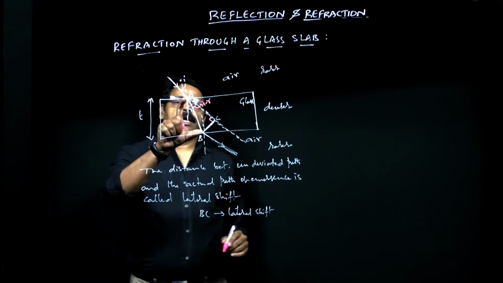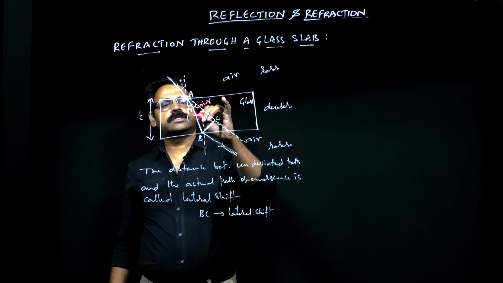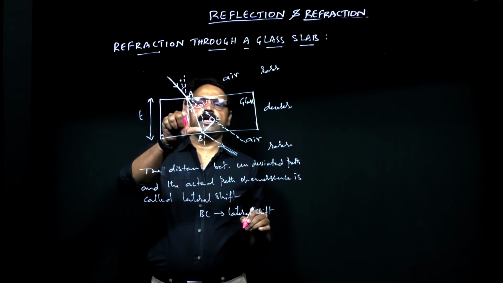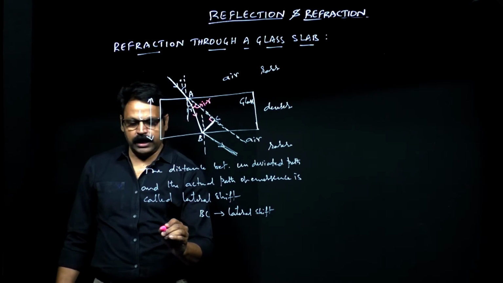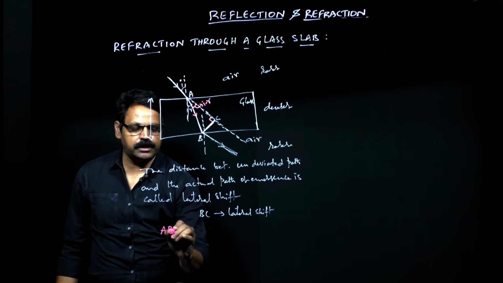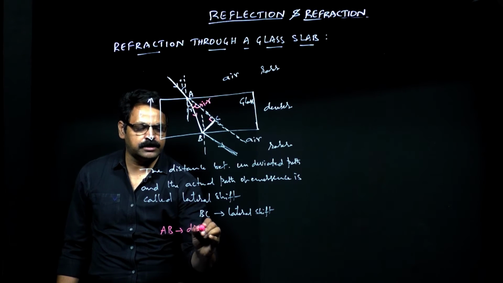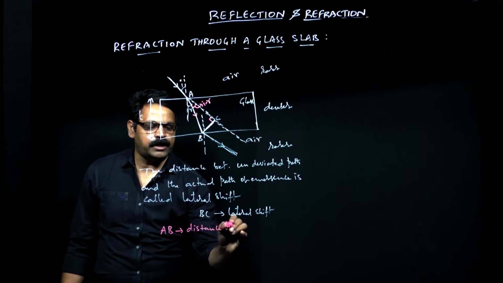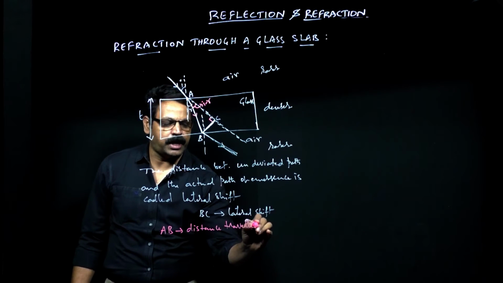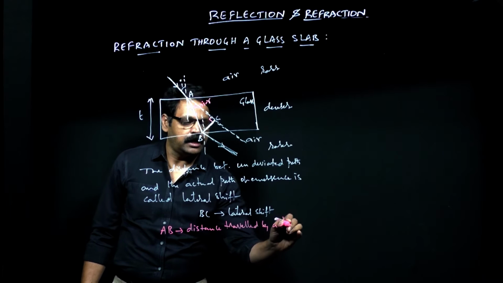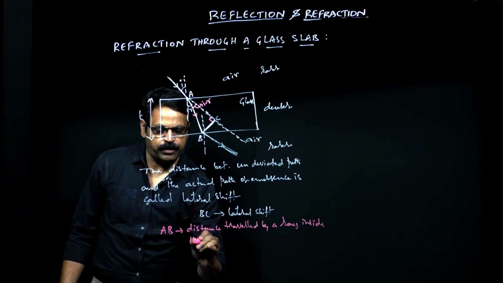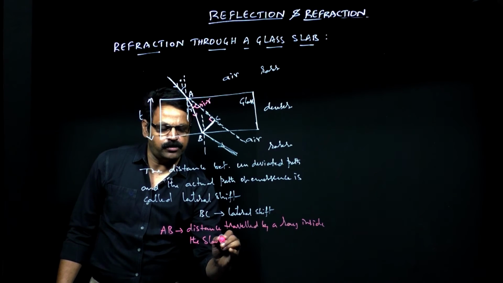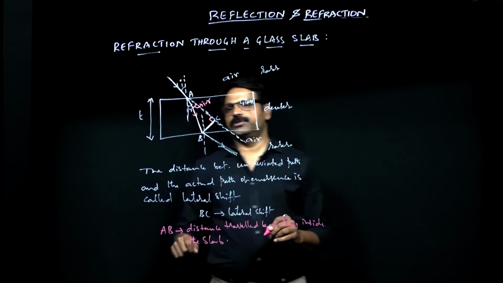Now you can calculate the distance travelled by the ray inside the glass slab. So AB is defined as the distance travelled by a ray inside the slab.